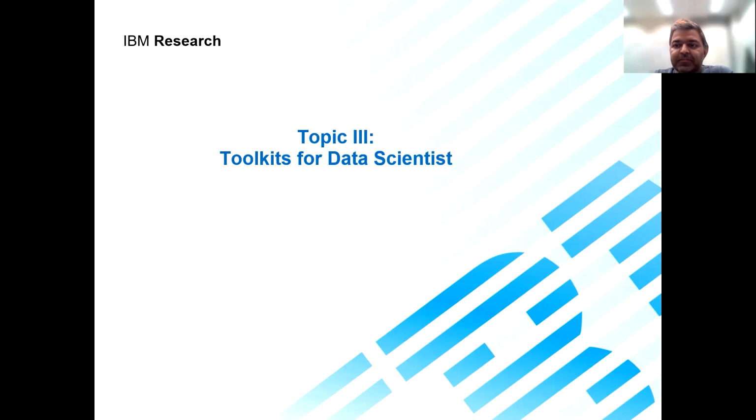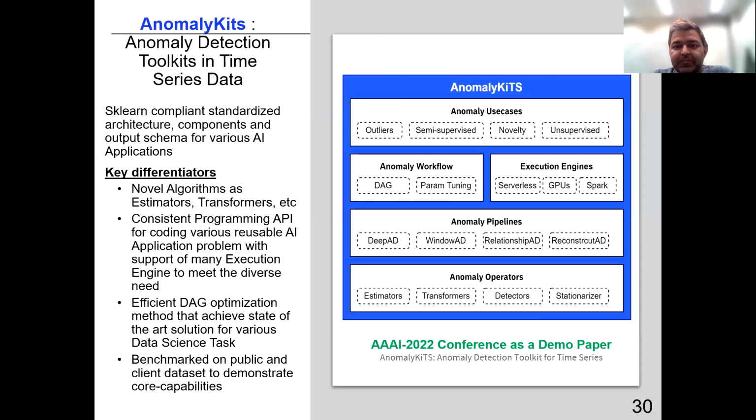In topic 3, we cover the toolkit for data scientists. In this slide, we have given a framework which we have adopted to build the anomaly detection toolkit. The framework is scikit-learn compliant, in the sense that scikit-learn is a library which is very popular among machine learning and data scientists, as well as developers.